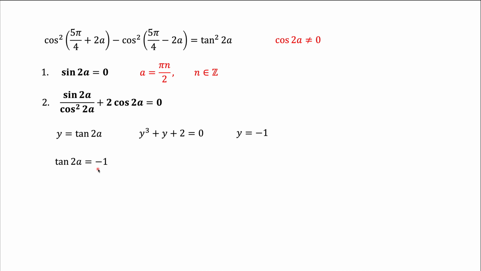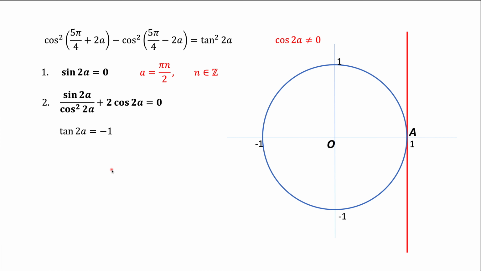If cosine of 2a equals 0, tangent is not defined, or you can say it's infinite. Well, in our case, it should be -1, so we're good. So now we just need to find all the a's that give us this expression. Well, that's not very difficult to do.